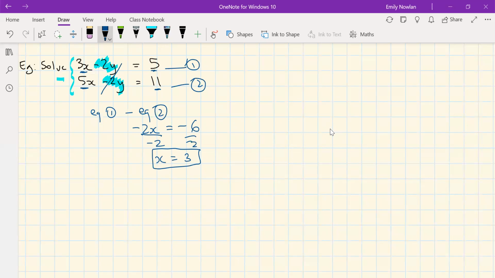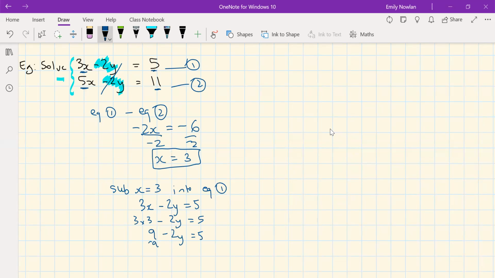How do I get the y value? I substitute my x value back into one of the equations. Into equation 1, it doesn't matter which one you pick. So let's go 3x minus 2y equals 5. Now rather than x, I'm going to put 3. So 3 times 3 minus 2y equals 5. So that is 9 minus 2y equals 5.